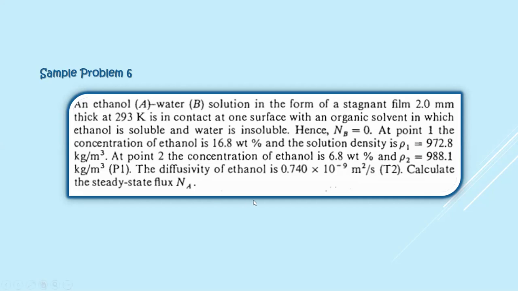You're given the diffusivity of ethanol to be 0.740 times 10 raised to negative 9 meters squared per second. And we are after the steady state flux of ethanol.